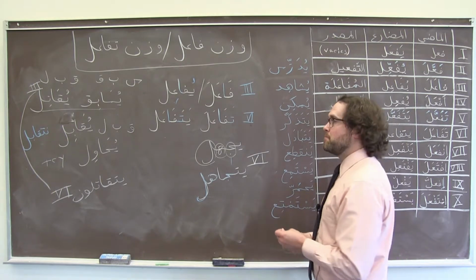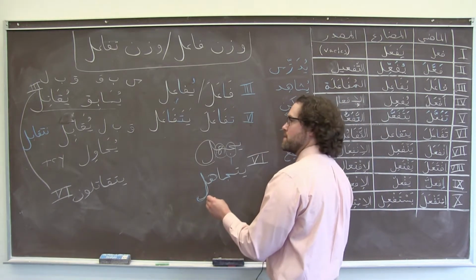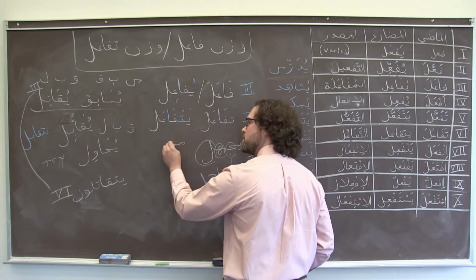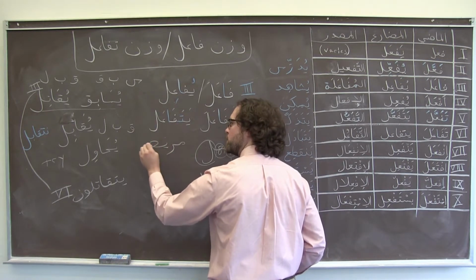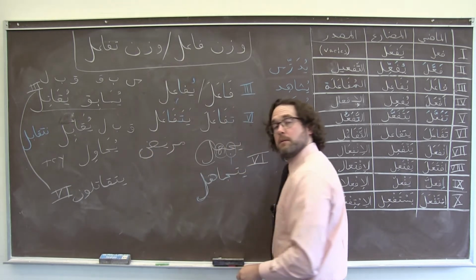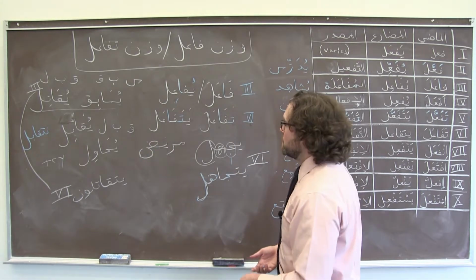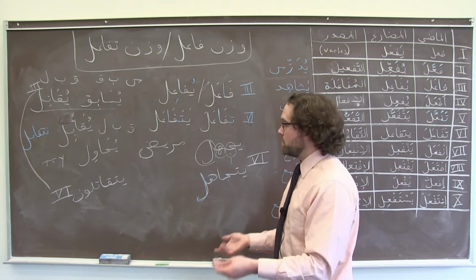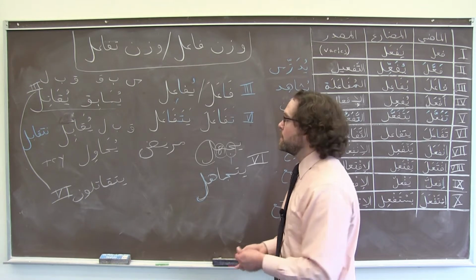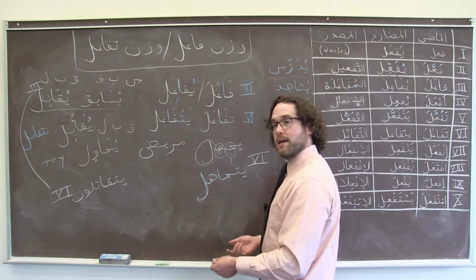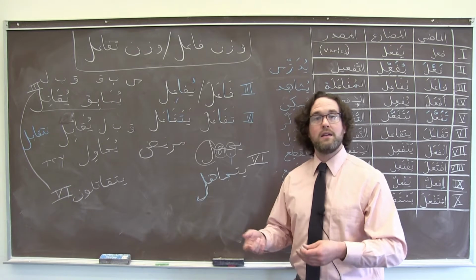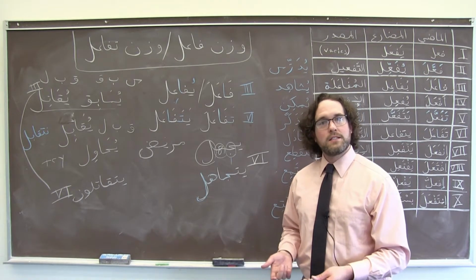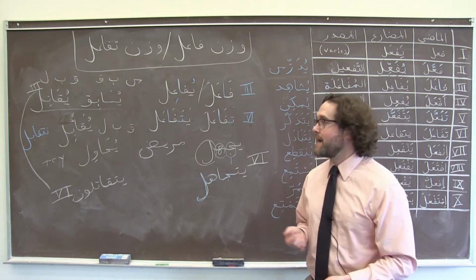My favorite example might be a verb in Form 6 from the judr of the adjective marid, which you probably know. Marid means sick, ill. Once I was feeling under the weather and I couldn't make my Arabic class, and the next day I came and I talked to my ustad and I said, I'm sorry, ya ustad, I wasn't able to be in class today, ana kuntu marid. I was sick.